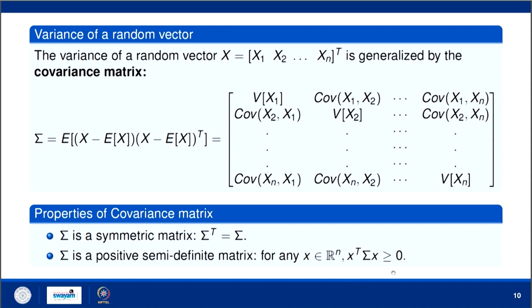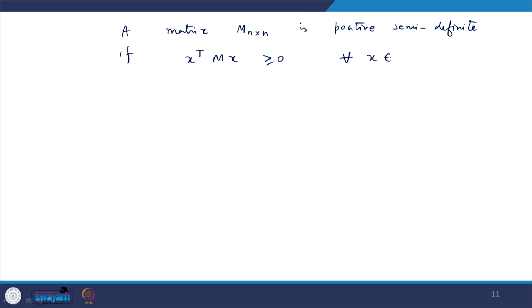A matrix M of order n cross n is positive semi definite if x transpose M x is greater than or equal to 0 for all x belonging to Rn.